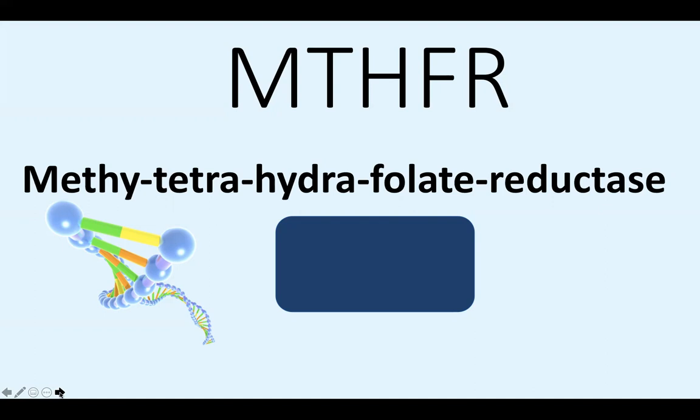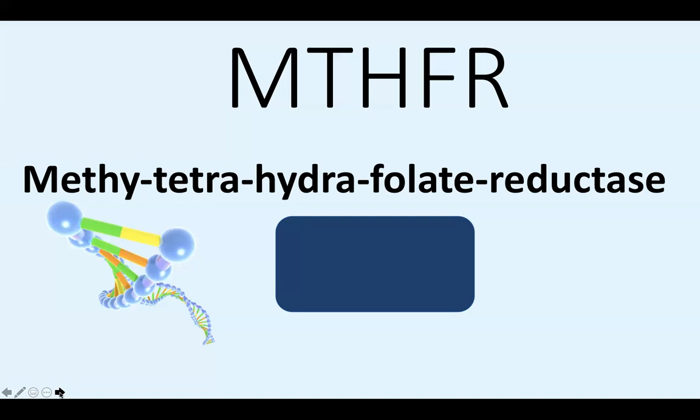So, the intended use of the MTHFR genetic testing is, along with assessing homocysteine levels, to assess and minimize a patient's risk for cardiovascular disease through nutritional therapy and possibly clot prevention.